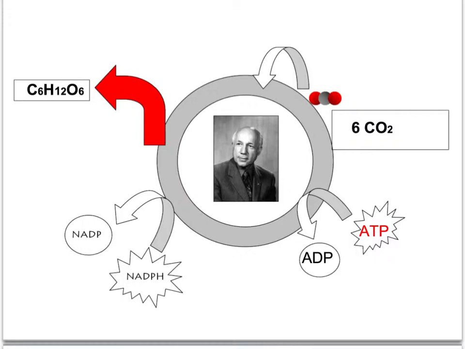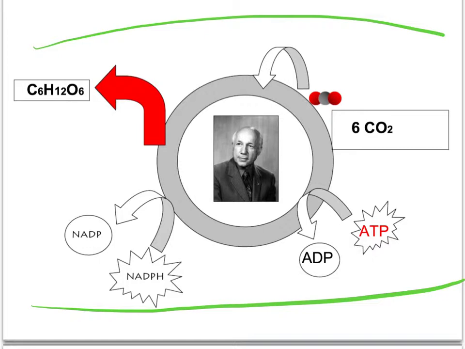All right, and this is what's happening in the light-independent reactions. The light-independent reactions, remember, are taking place in the chloroplast. So let's go ahead and draw a chloroplast. All right, this is our chloroplast.